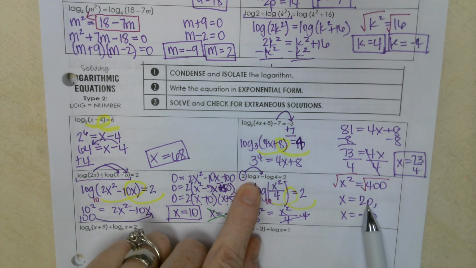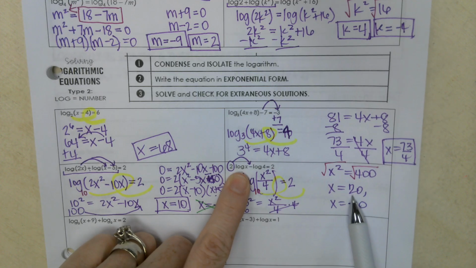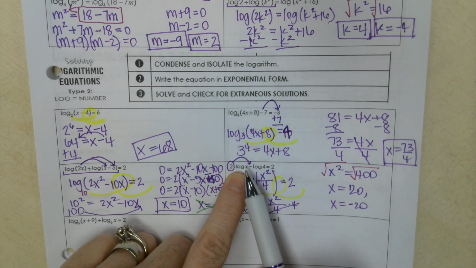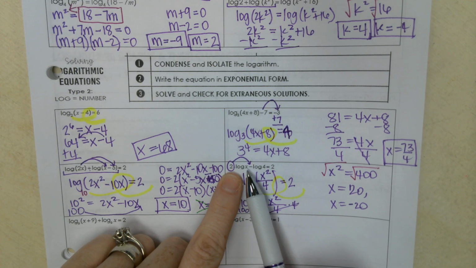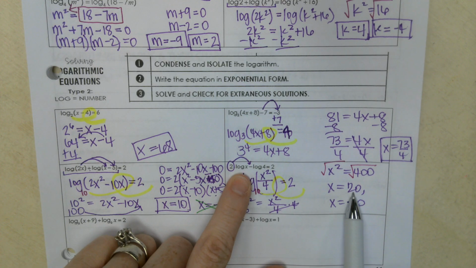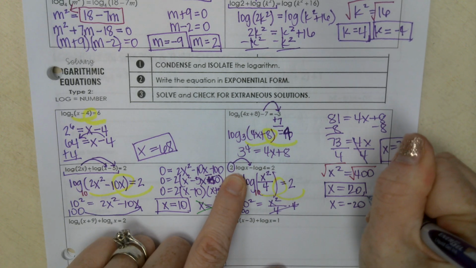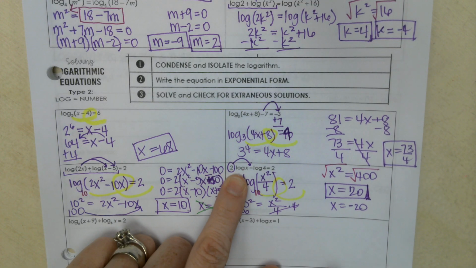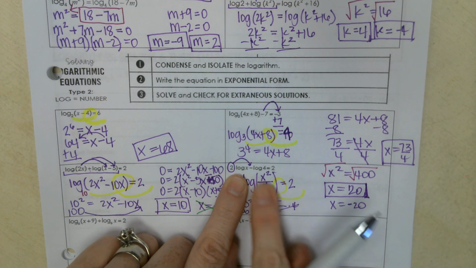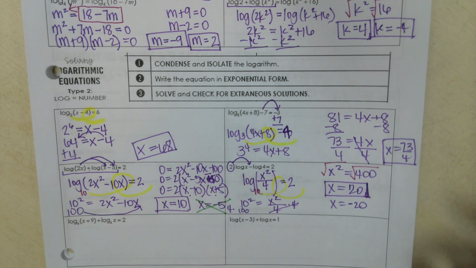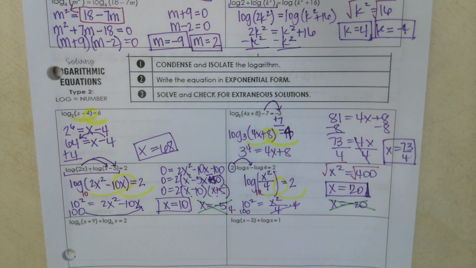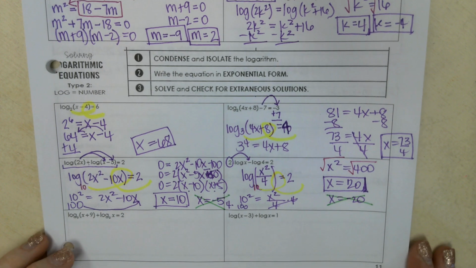If I am looking at plugging in these solutions into my original equation, this is the only thing I need to check. X equals 20, that's fine, because I'm taking the log of a positive number. But we cannot plug in negative 20 because we cannot take the log of a negative number. So x equals 20 is my only solution.